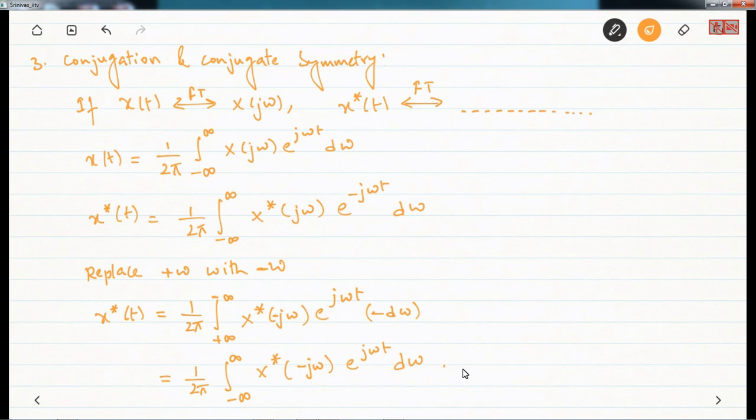So this implies the Fourier transform of x conjugate of t is equal to x conjugate of minus j omega, right?